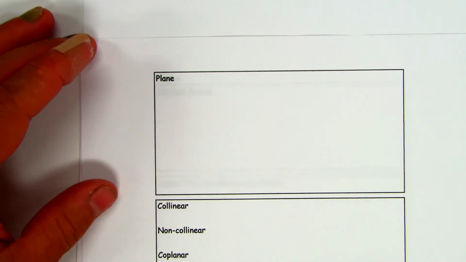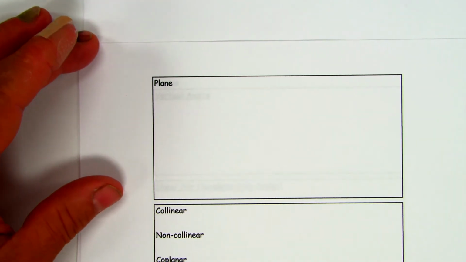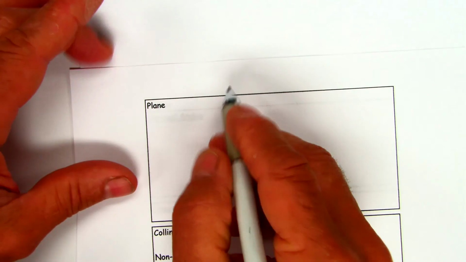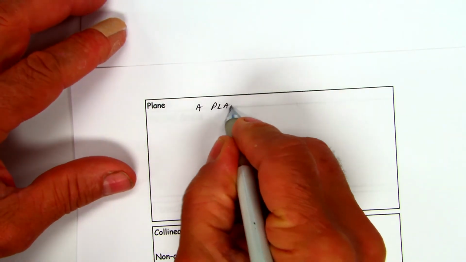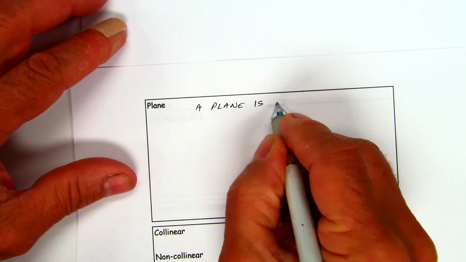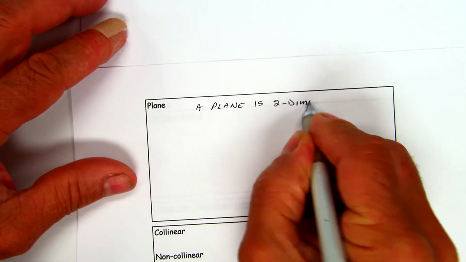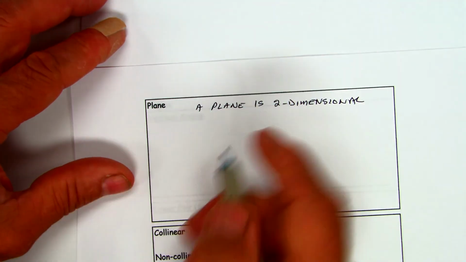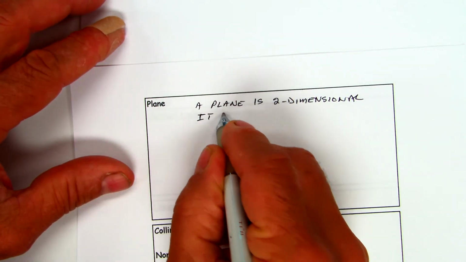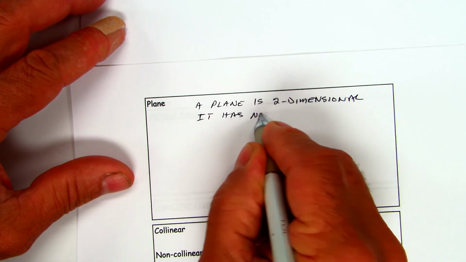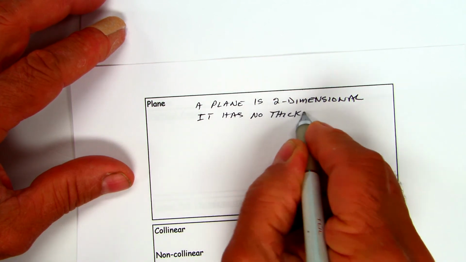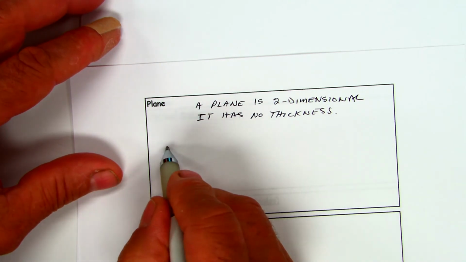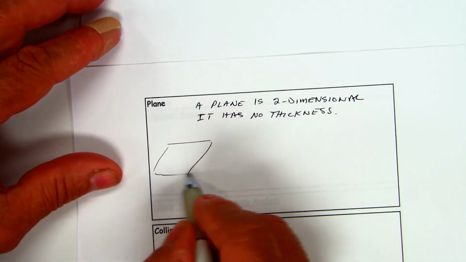Now, let's talk about the third undefined term, the plane. Now, a plane is two-dimensional. It has no thickness. And we can represent a plane kind of like this.